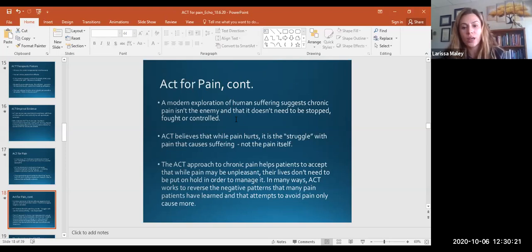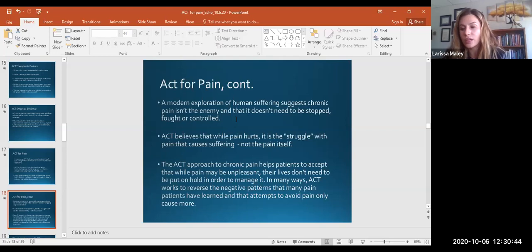So the ACT approach helps patients to really accept that while this thing is unpleasant, their lives don't need to be put on hold to manage it, that they can actually reverse some of the negative patterns that they've adopted, these avoidance patterns, and to approach the pain in a meaningful way, to live with the pain in a meaningful way.